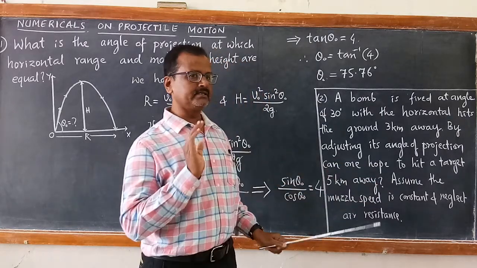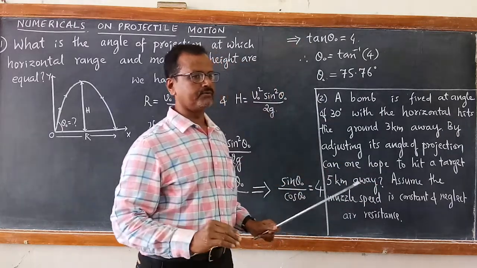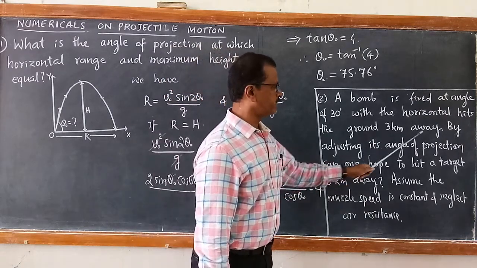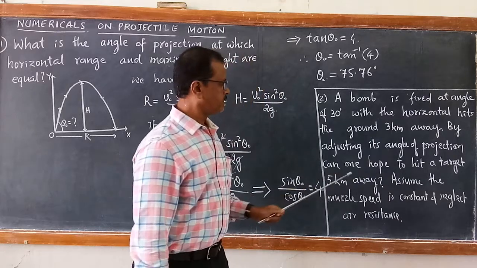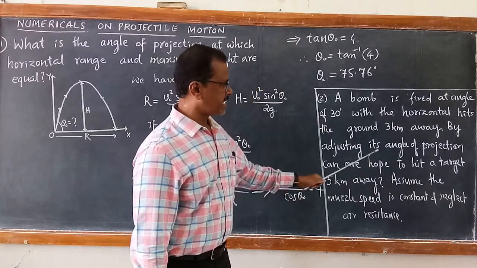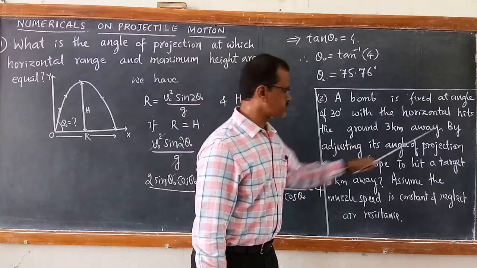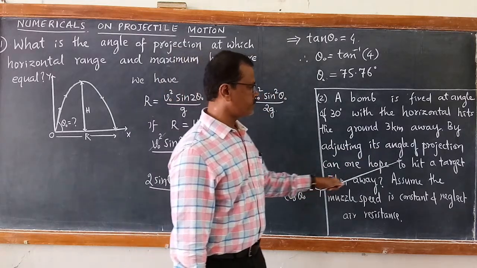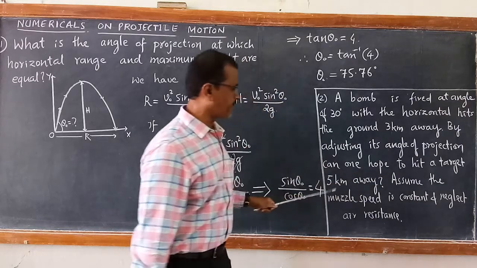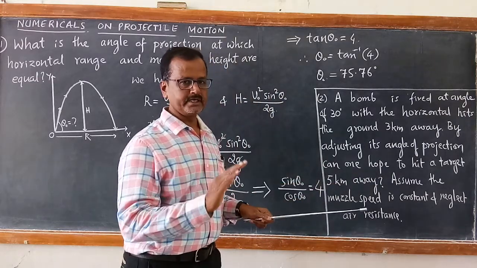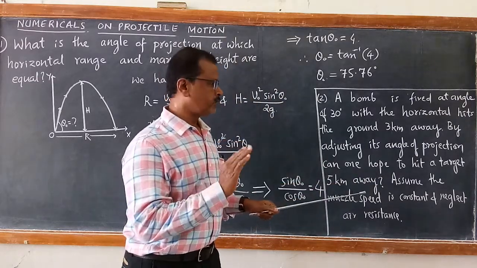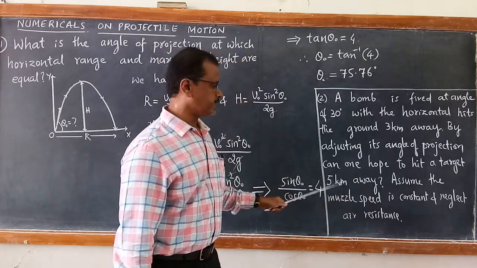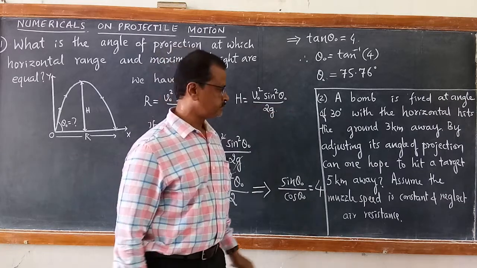By adjusting its angle of projection, can one hope to hit a target 5 km away? By suitably adjusting the angle of projection, can it be possible to hit the target 5 km away?